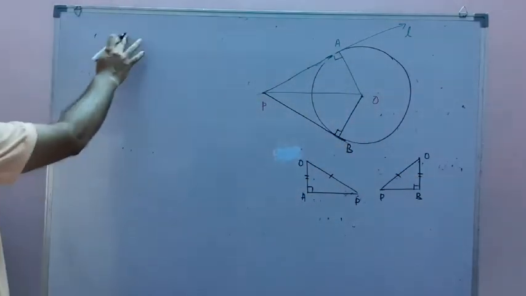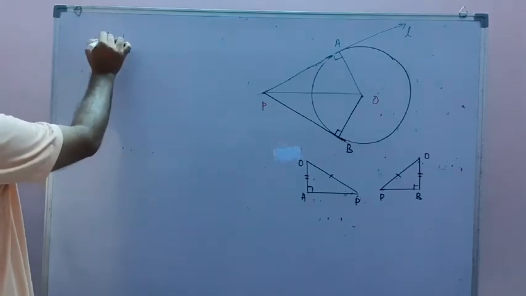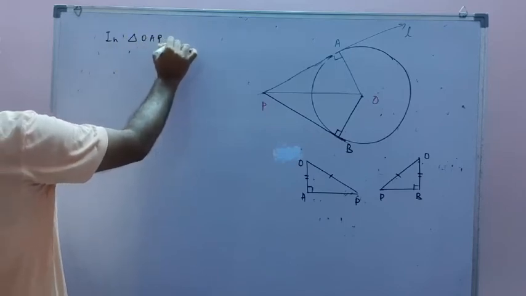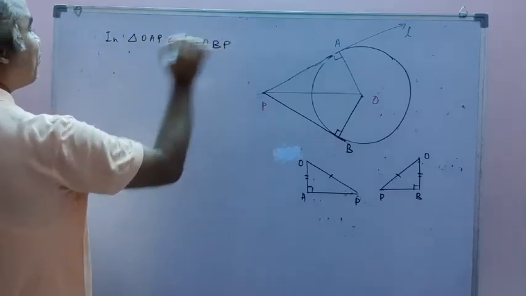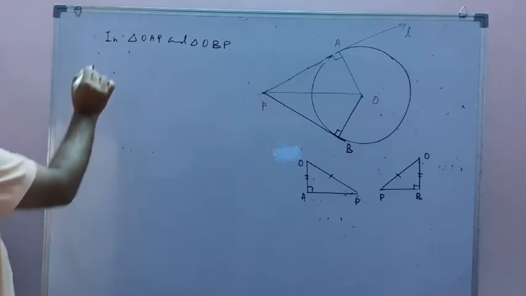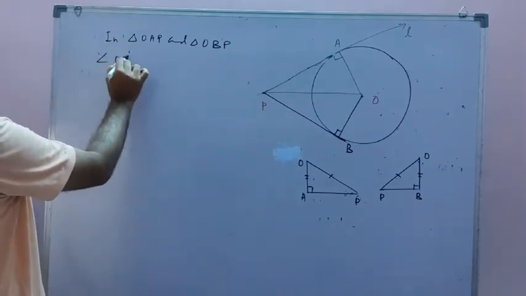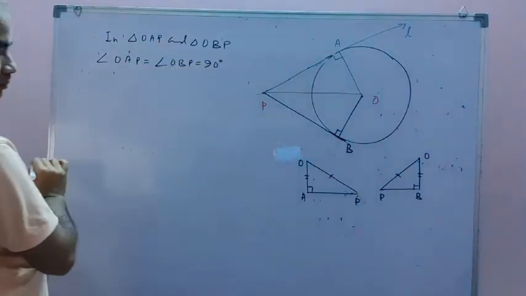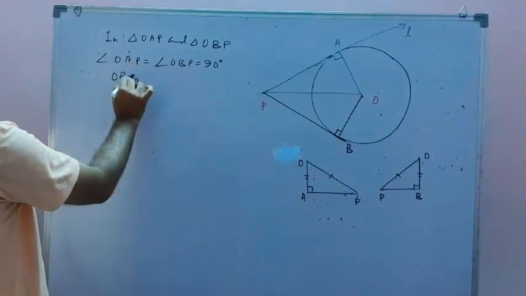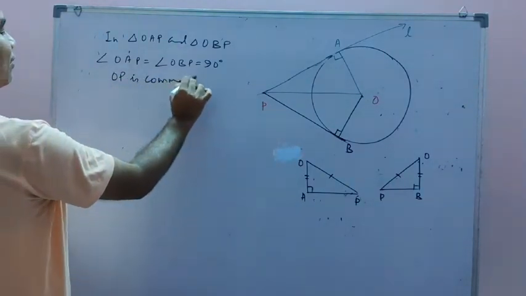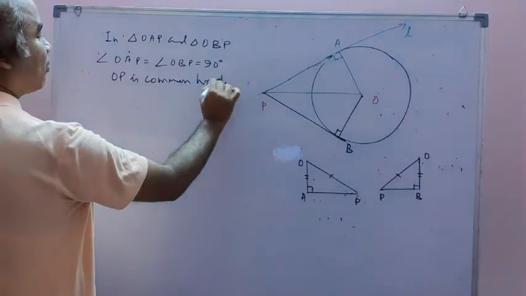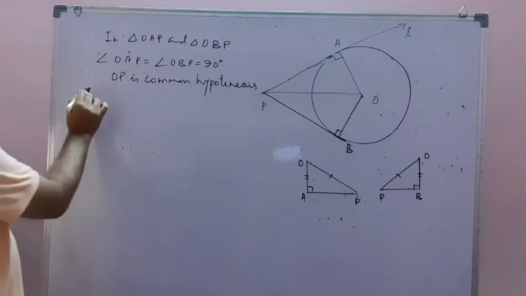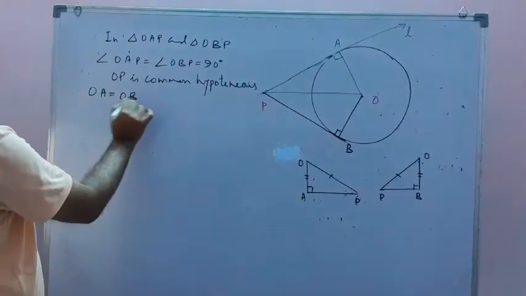That means if I write in systematic order, there are two right triangles, OAP and OBP. In these two triangles, angle OAP and angle OBP are 90 degree, that means they are right triangles. OP is the common hypotenuse. Right triangle, hypotenuse same. And OA equal to OB, why are they equal?